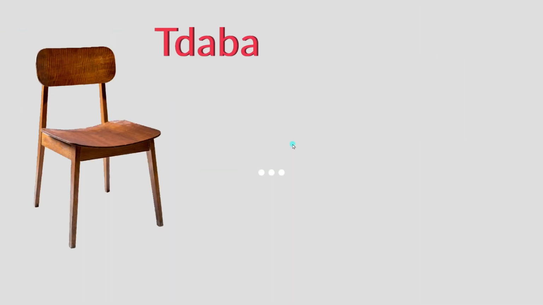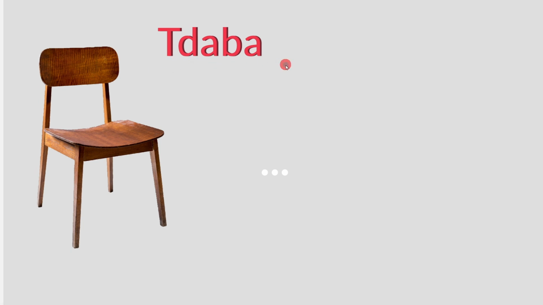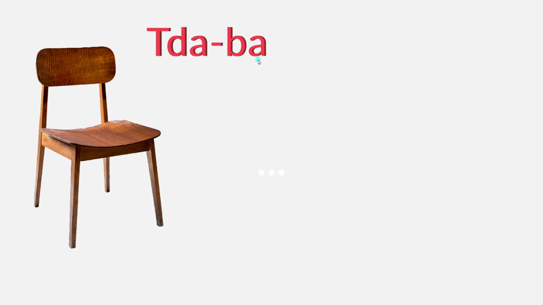If you try to use T, it doesn't work. So the two together give a perfect example as ta. A perfect example is taba as a noun. We call a chair taba. Pronunciation: taba.